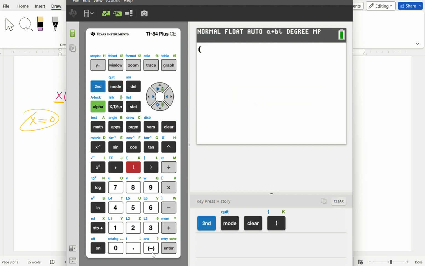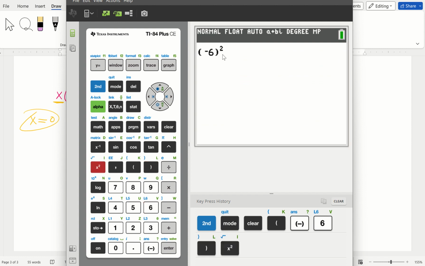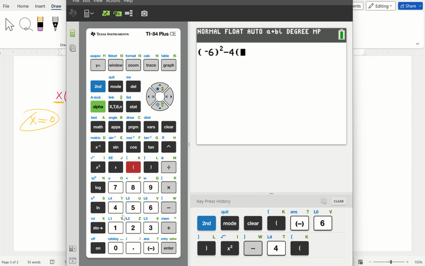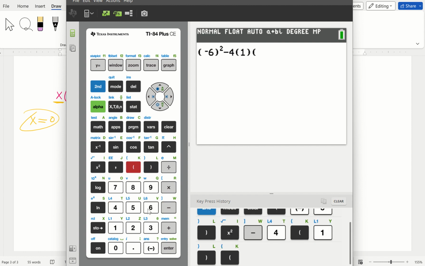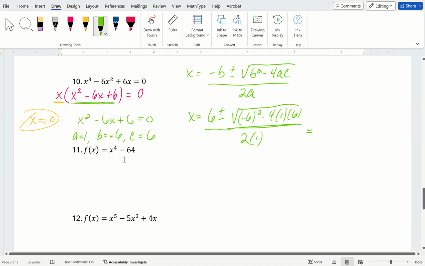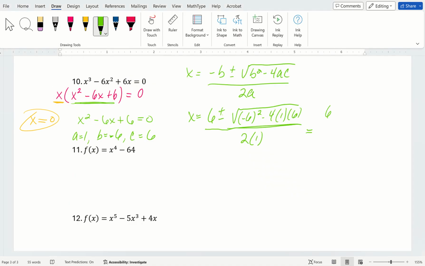So we'll do negative 6 squared. Remember, it's really important to put that negative 6 in parentheses. Minus 4ac. And we get 12. So we'll write this as 6 plus or minus square root of 12 all over 2.